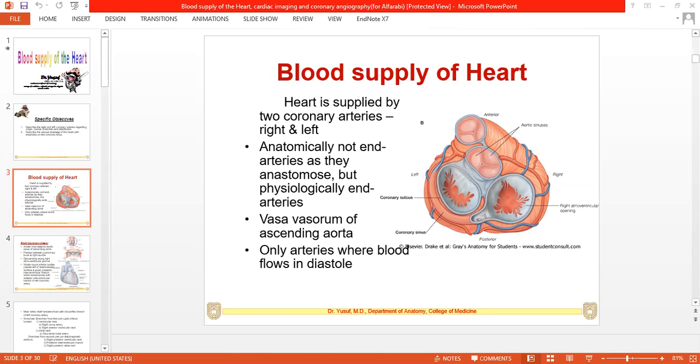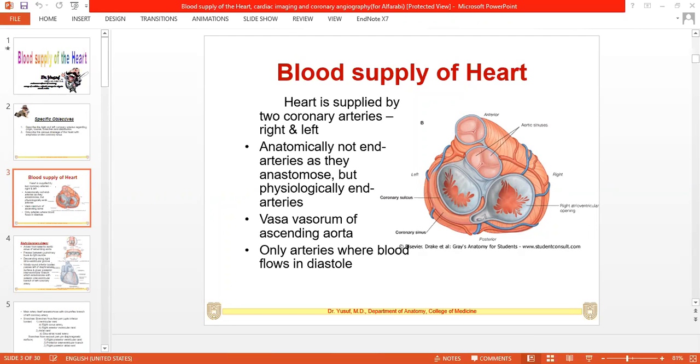But when the heart relaxes, that is diastole, the blood will try to regurgitate back. Because there is the aortic valve here, the semilunar valve, the blood gets stopped here. It is blocked because these semilunar valves close.